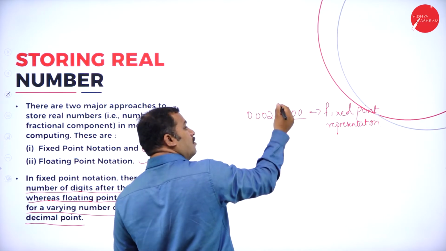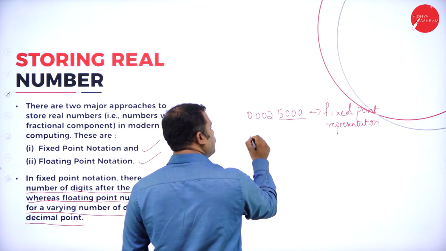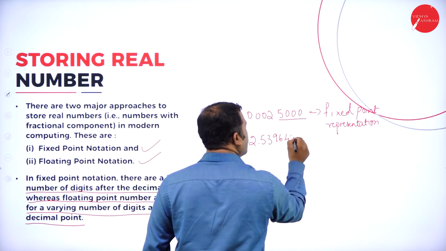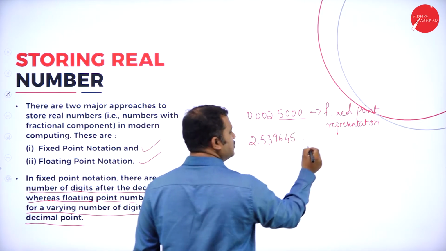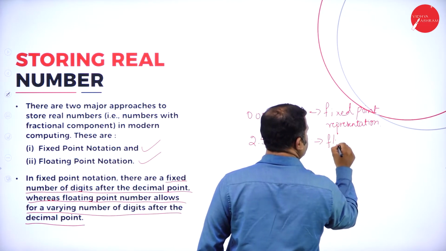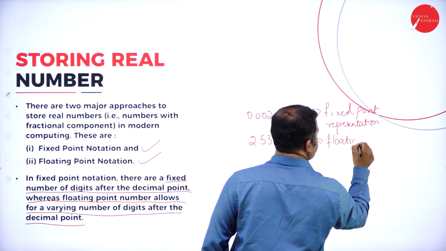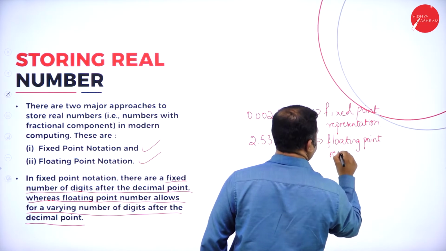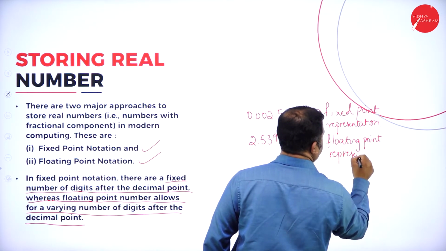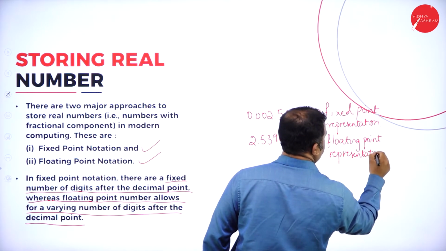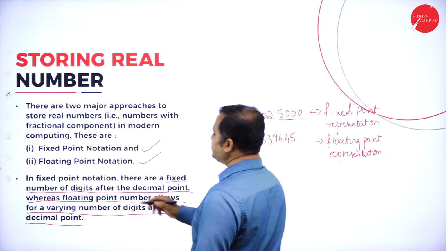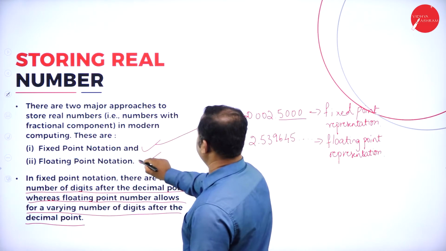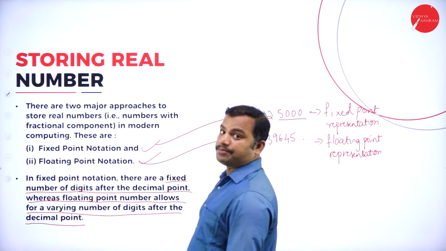Whereas in floating point representation, we will have 2.539645, and so on. This is called floating point representation, and this is called fixed point representation.